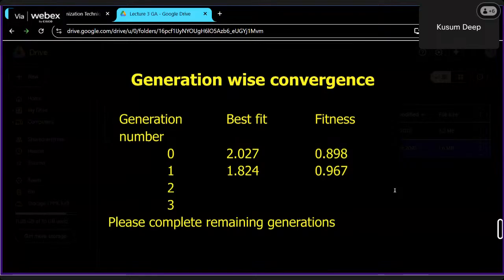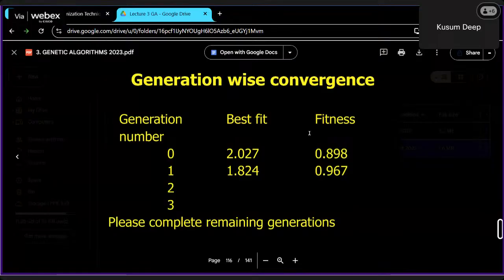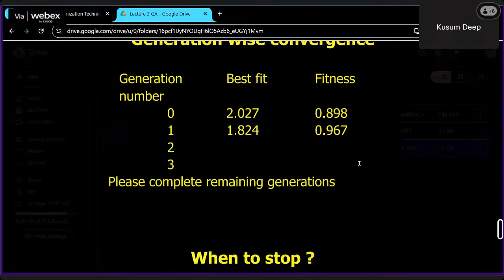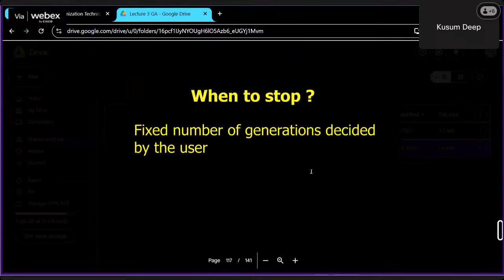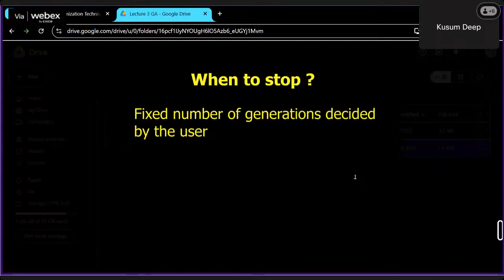You can see that the fitness has drastically improved from 0.898 to 0.967 from the 0 to the first generation. And like this, you can complete it. Now, the question is when to stop. The answer is you can specify a fixed number of generations the way you like before starting the algorithm.